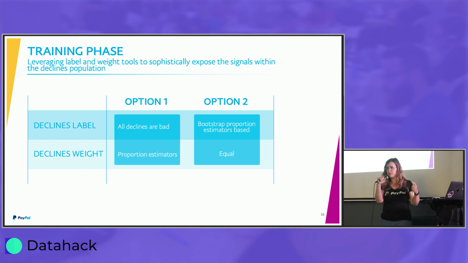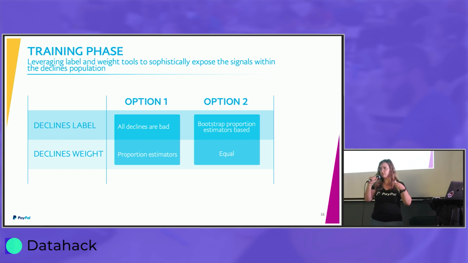So if our proportion estimator is 70%, that decline would have a 70% chance of getting label 1 and 30% of getting label 0. By having this bootstrap process, we already expose the model to the declines population in a mixture way, so we don't need to use any weights, and we can just set them all to equal.